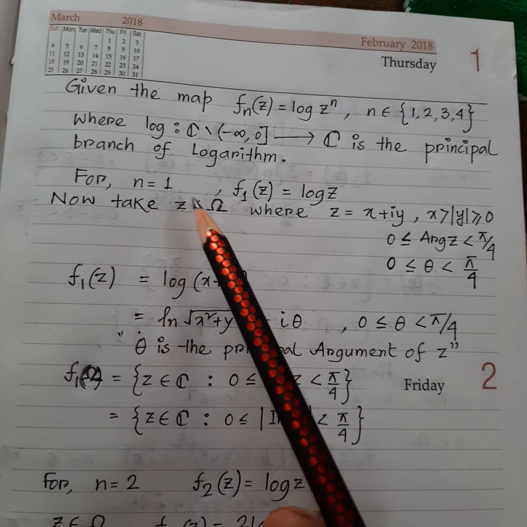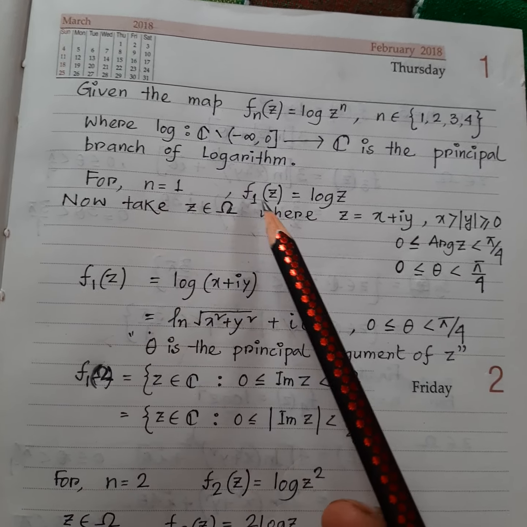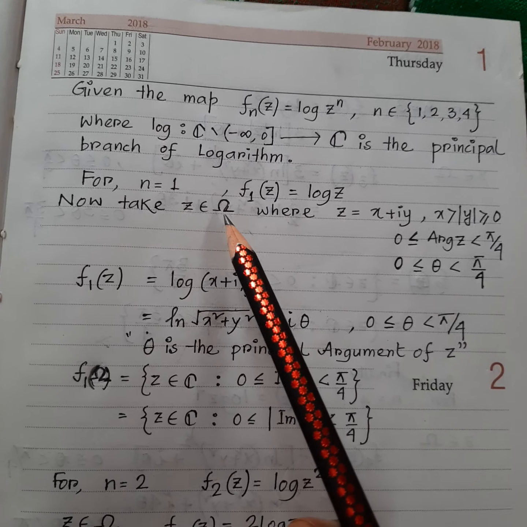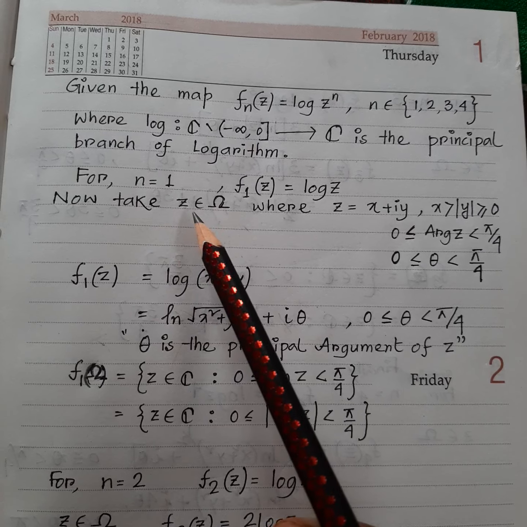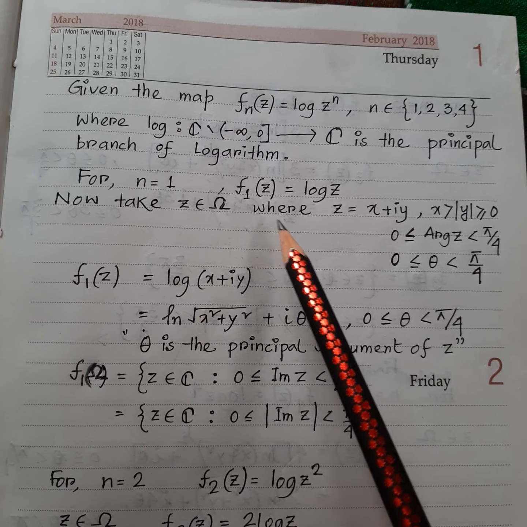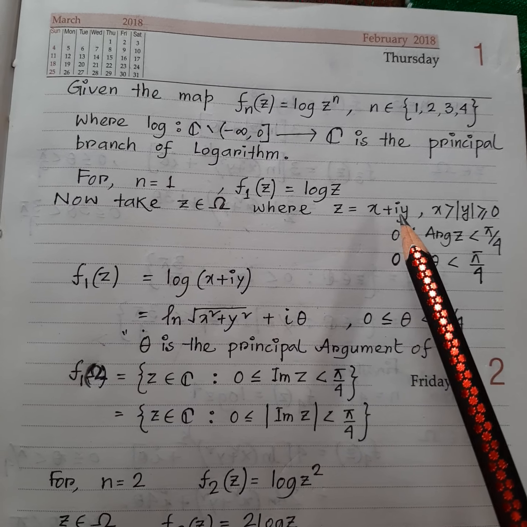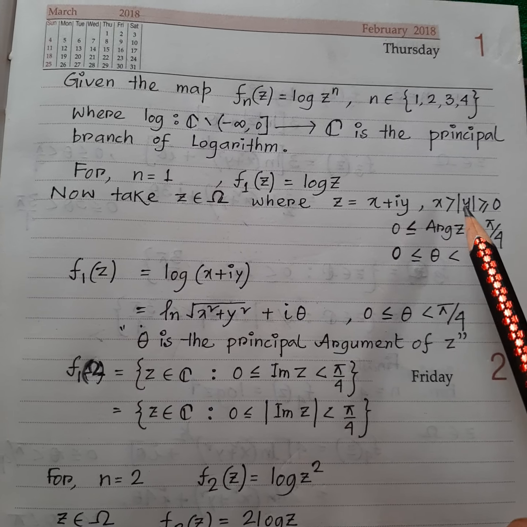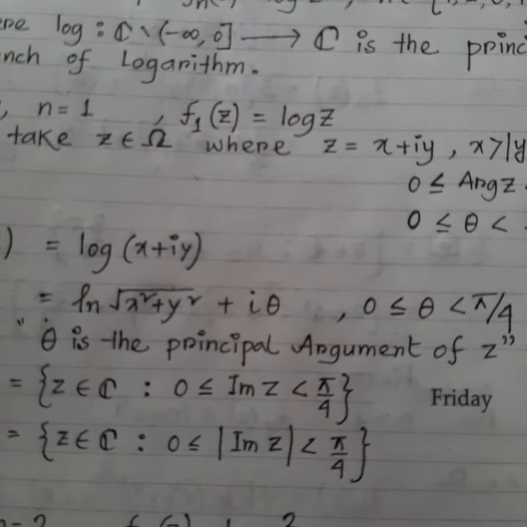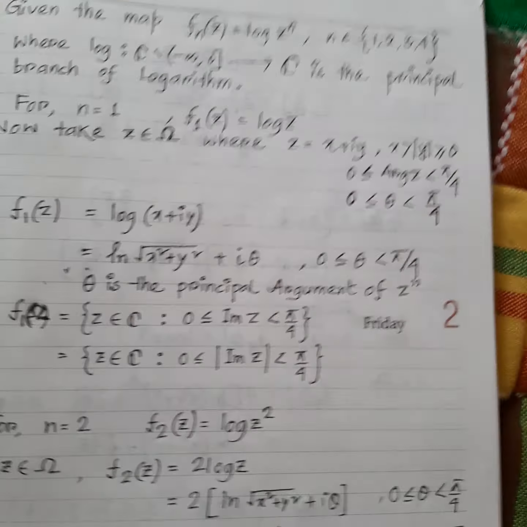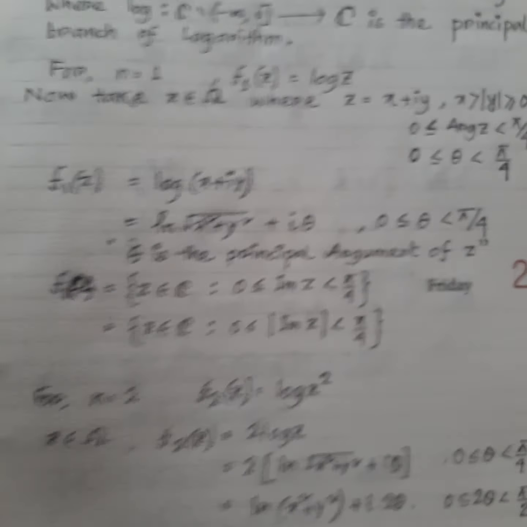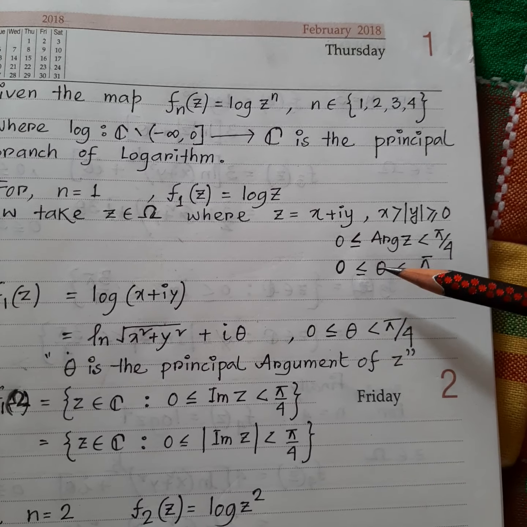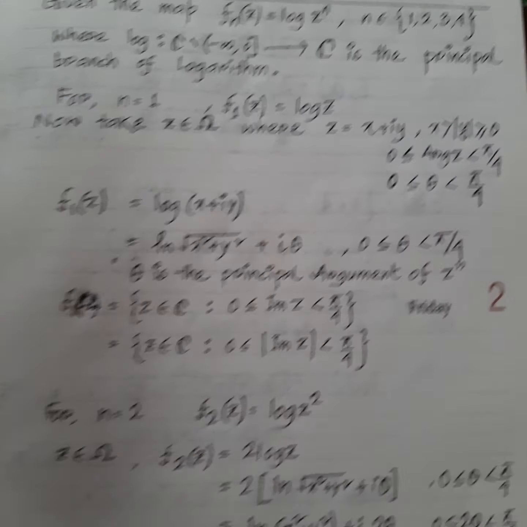First, for n equal to 1 the function is f1(z) equal to log z, and we take a point z from Omega where z equal to x plus iy satisfies x greater than modulus of y, and its argument 0 less than or equal to theta less than pi by 4.